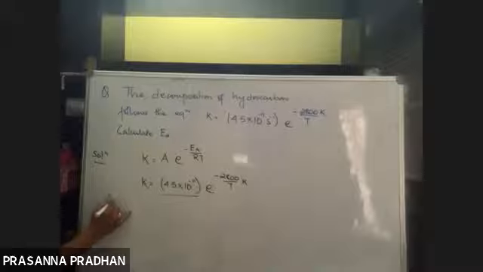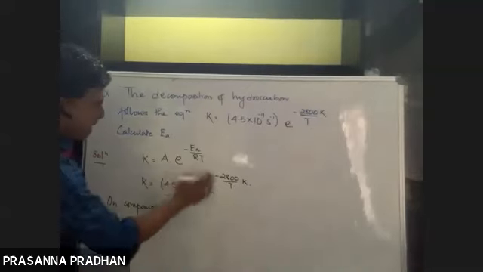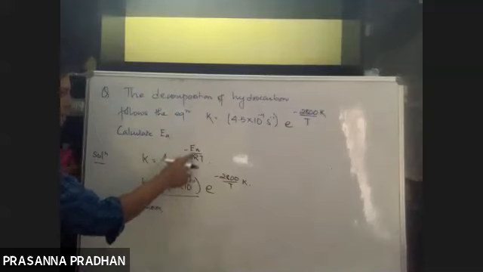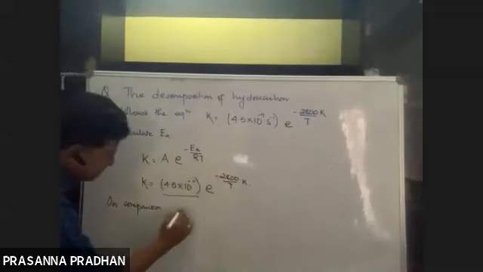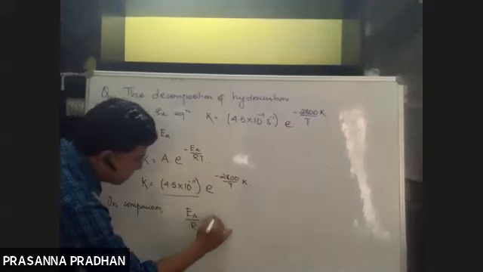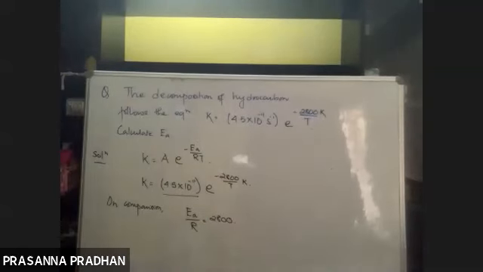EA by R. On comparing these two equations, we find that minus 2800 is equal to minus EA by R. So we can say EA by R equals 2800.